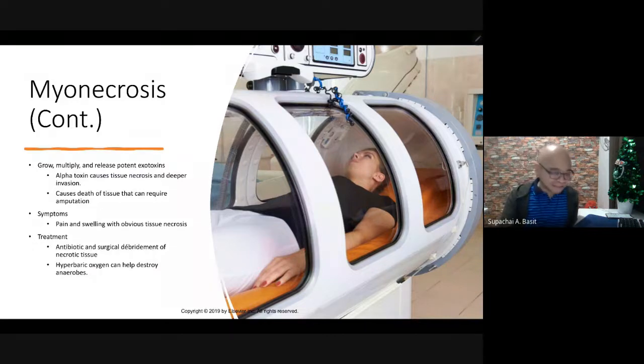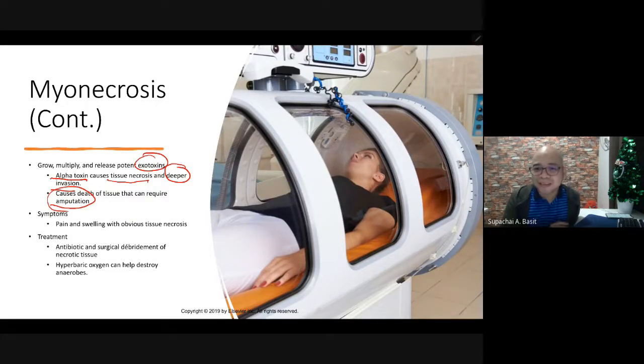But before that, let's also discuss that Clostridium perfringens can grow, multiply, and release potent exotoxins. These exotoxins, particularly the alpha toxin, cause tissue necrosis and deeper invasion. It can cause death of the tissues that would require amputation.